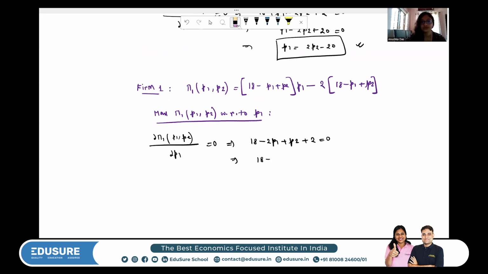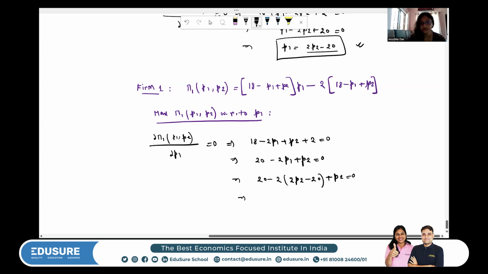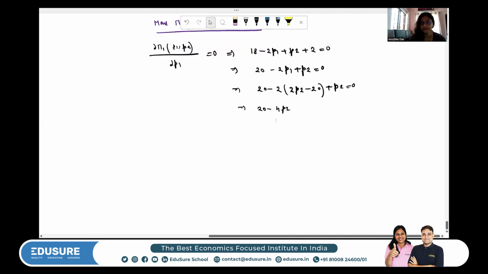So this is 20 minus 2P1 plus P2 equals 0. Now you know the expression for P1, so just replace it: 20 minus 2 times (2P2 minus 20) plus P2 equals 0. So 20 minus 4P2 plus 40 plus P2 equals 0.